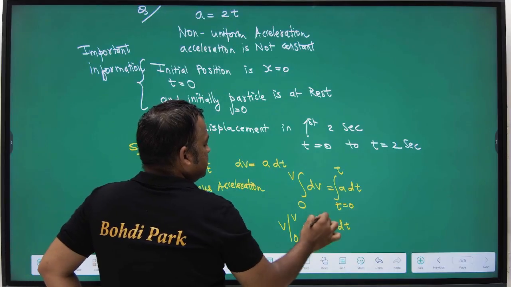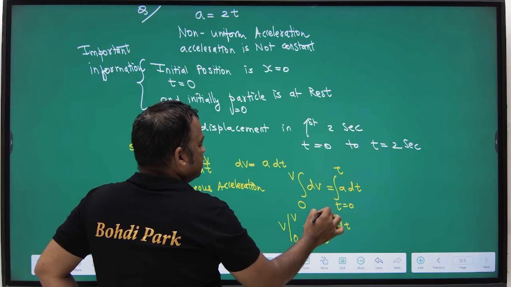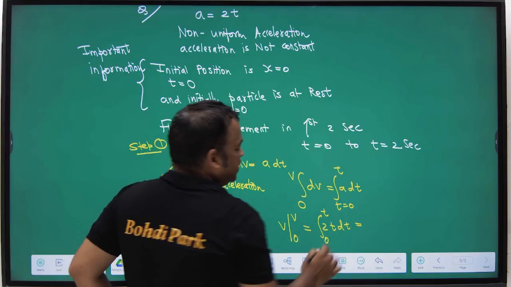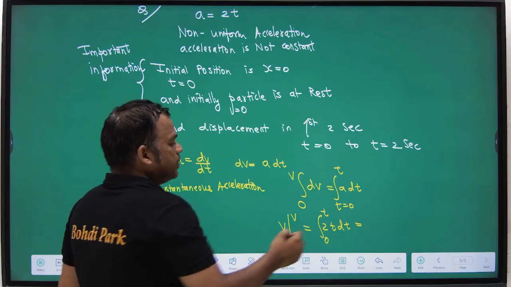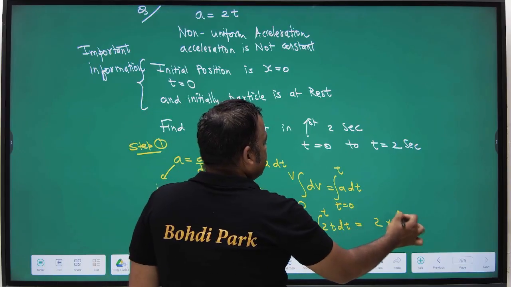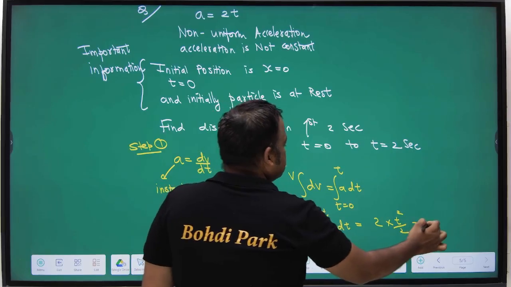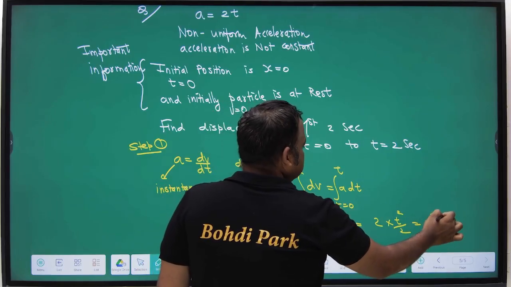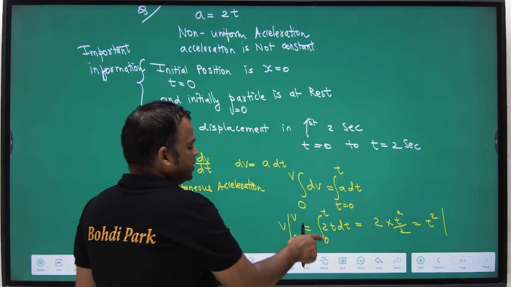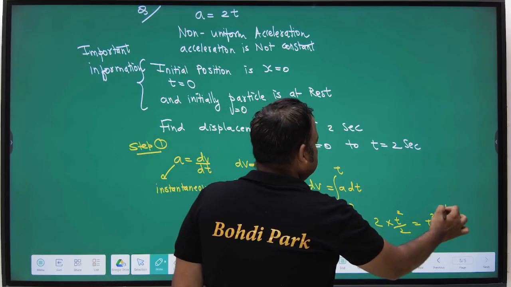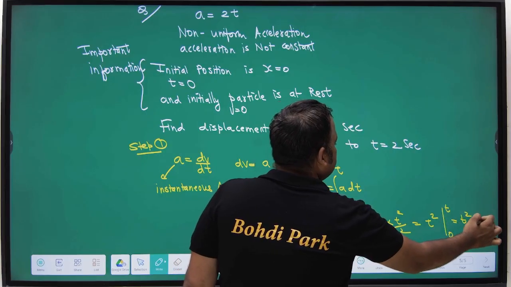So integration of 2t, and time is from 0 to t. Now integration of 2t will be 2 into t square by 2, which is t square. Now limits of time is 0 to t. So this will be t square minus 0 square.